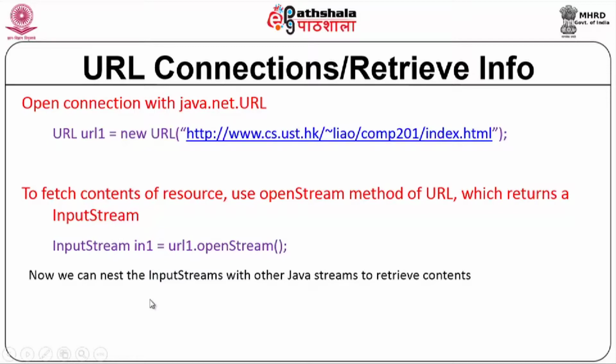Now we can use this input stream with other streams available in Java to retrieve the contents. We can see some example programs of how we do all these things.